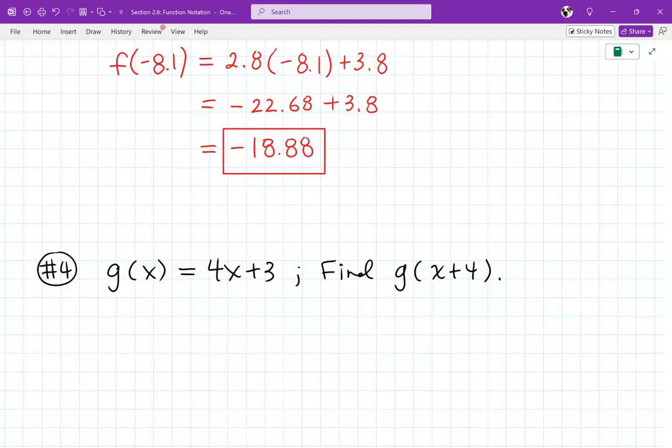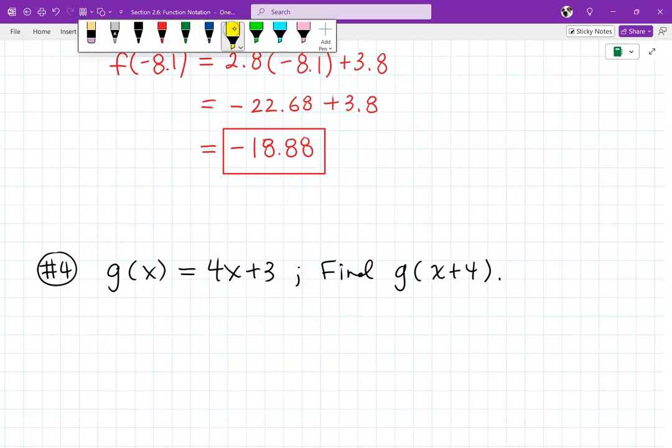Right here they have g of x is equal to 4x plus 3. Up till now, whatever they told me to do, f of 2, g of negative 3, f of negative 1, all I did was get whatever they wanted me to plug in, and I plugged it in. What do they want me to plug in this time? x plus 4.